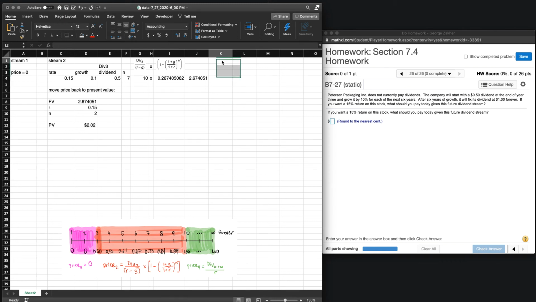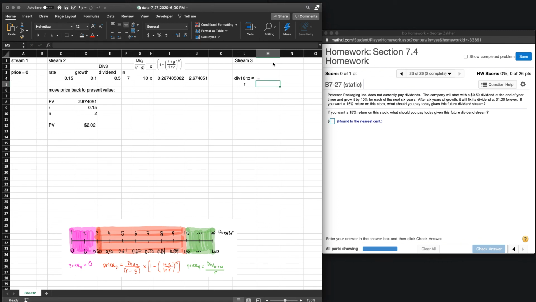Well, remember, we have our equation here for our perpetuity. Basically, the price, or the present value, is equal to that dividend, the never-ending dividend payment, divided by our rate. So if we just use that equation, and we'll write it here so we can see it, this is equal to our price.